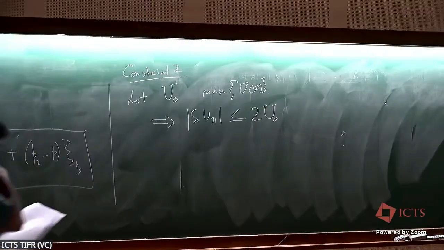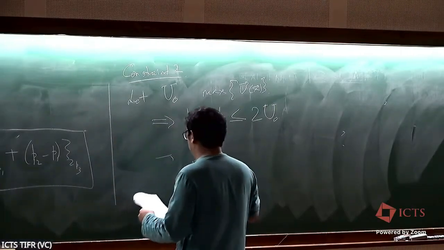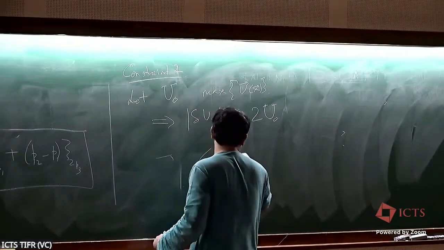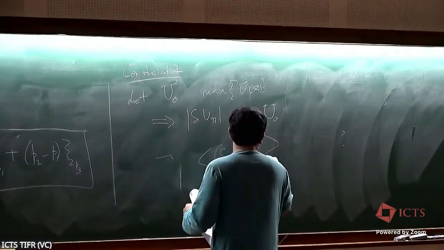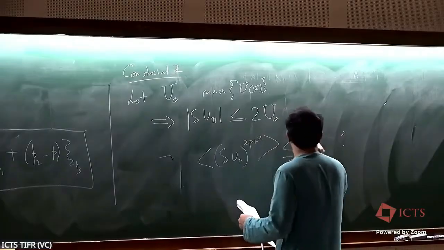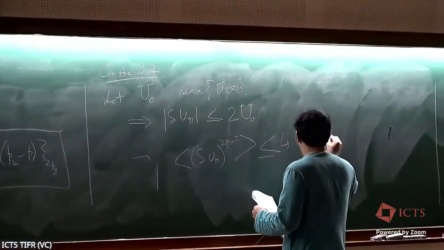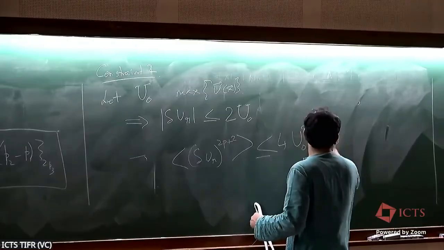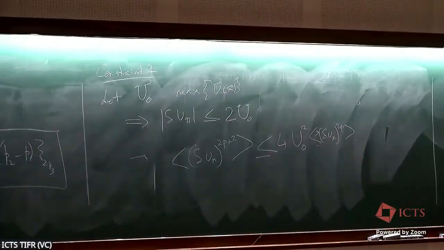So now I can calculate the 2pth power. I just take the square. I take the 2pth power, and that follows trivially from the first statement.